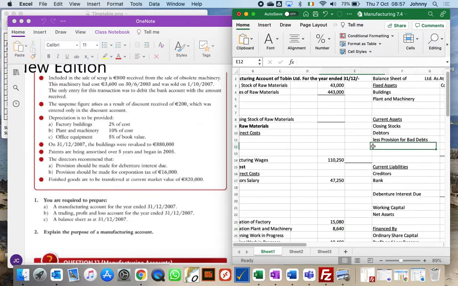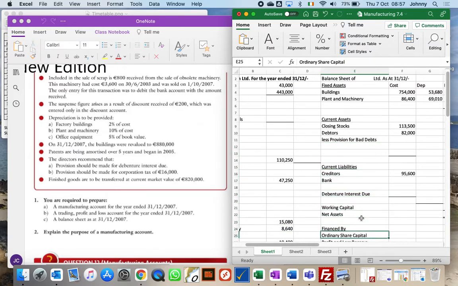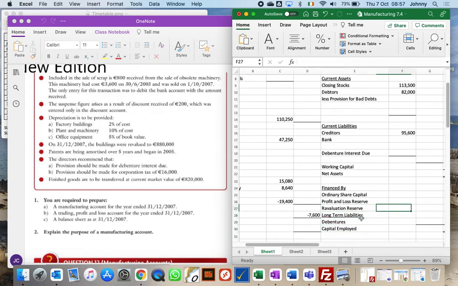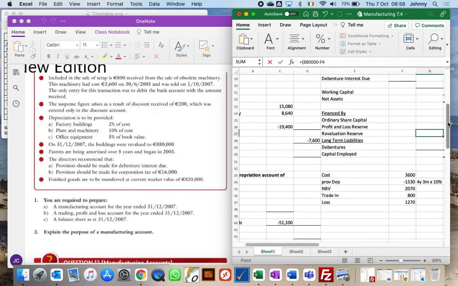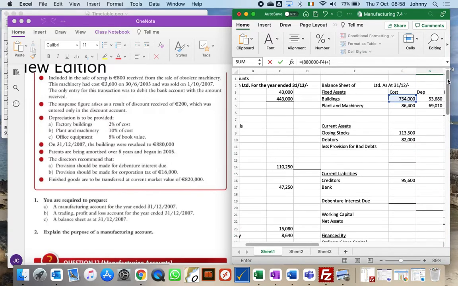So that's the depreciation. So when I revalue, down the bottom, I'm going to put in a revaluation reserve. The revaluation reserve is going to be the new figure for the land and building minus whatever the old figure was, 754, plus we'll add on all of the figures that are included in the profit and loss balance.